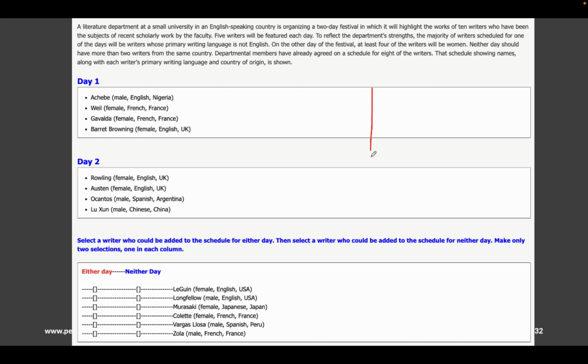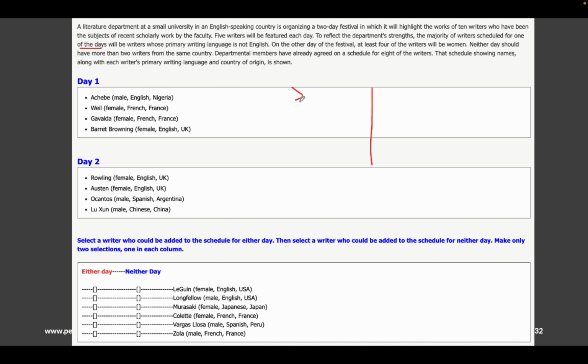So you've got a 2-day festival here, and then there are some conditions. First condition is that there'll be 5 writers each day, which is irrelevant here. And then the majority of the writers are supposed to be English. So that means out of 5 people, on one of the days, the majority of the writers is supposed to be English.